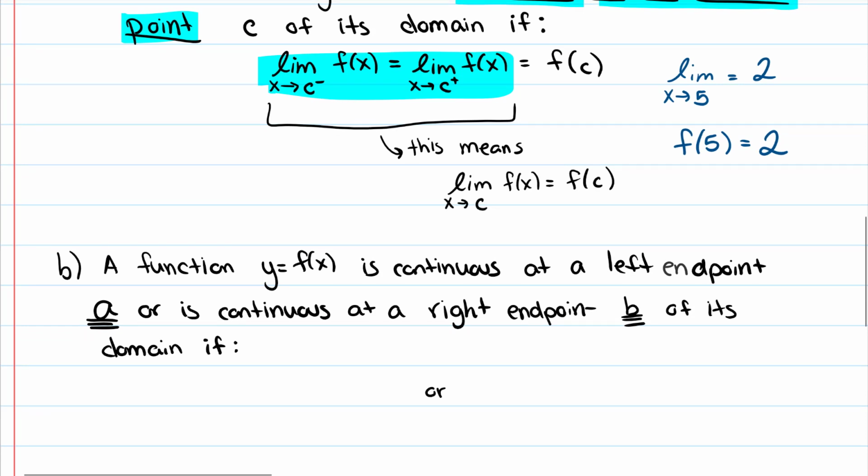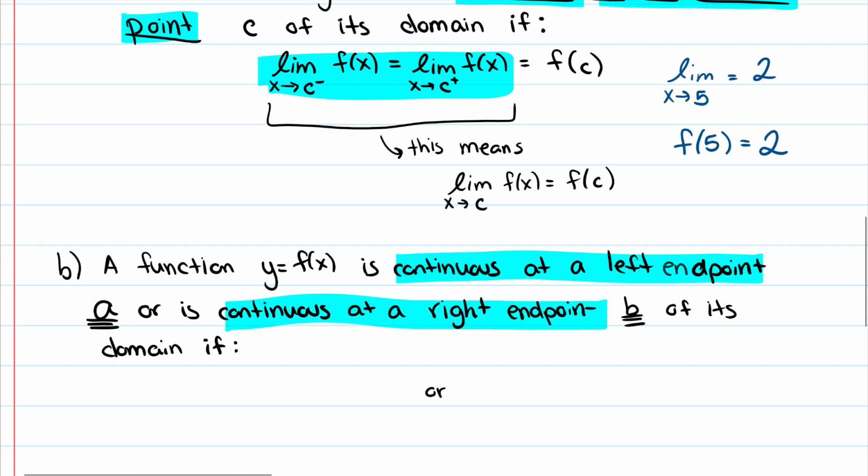A function y equals f of x is continuous at a left endpoint a, which is just an x value, or is continuous at a right endpoint b, of its domain if the limit as x approaches a from the right of f of x is equal to f of a. And again, that's our left endpoint.